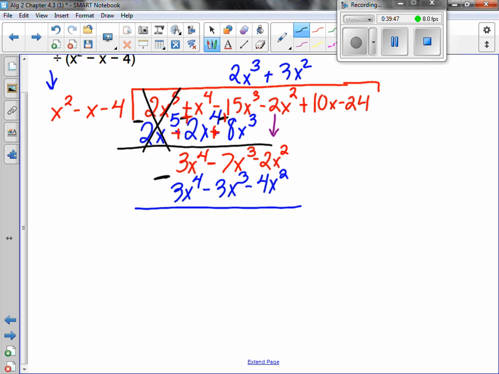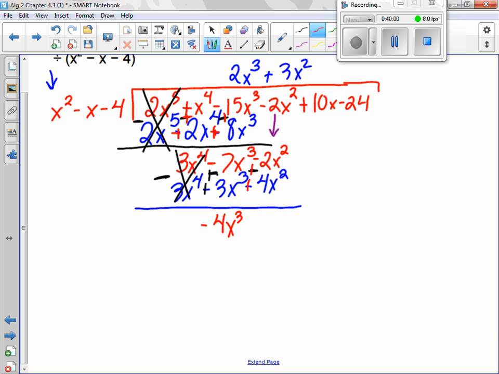And at this point here, we're going to subtract, and these here would cancel. Negative and negative would give us a positive, so that we get negative 4x cubed, minus 2x squared. Drop down the 10x. Now this here would be negative 4x.